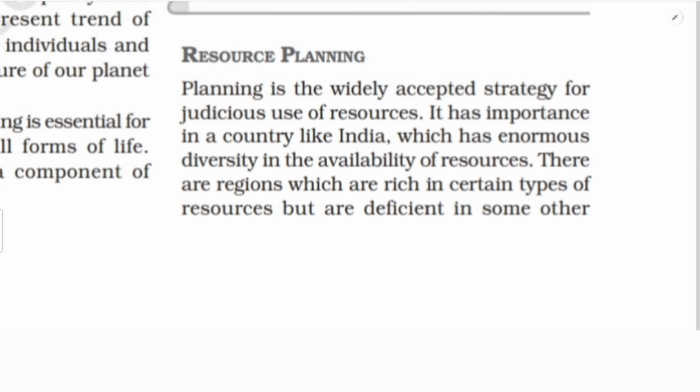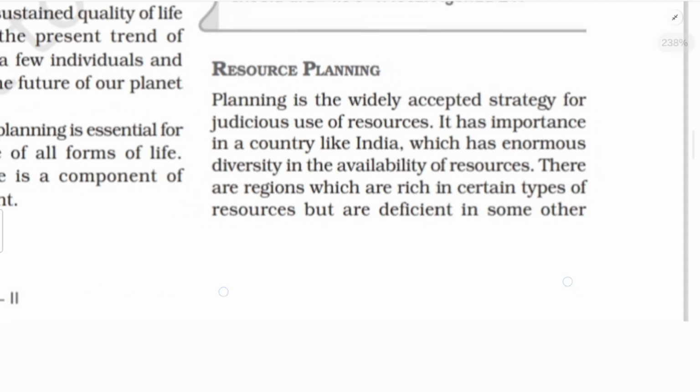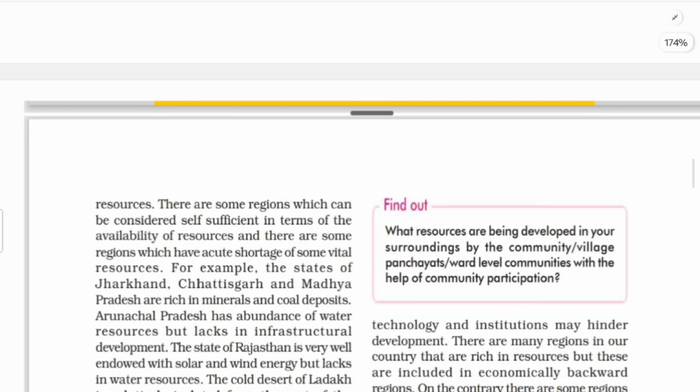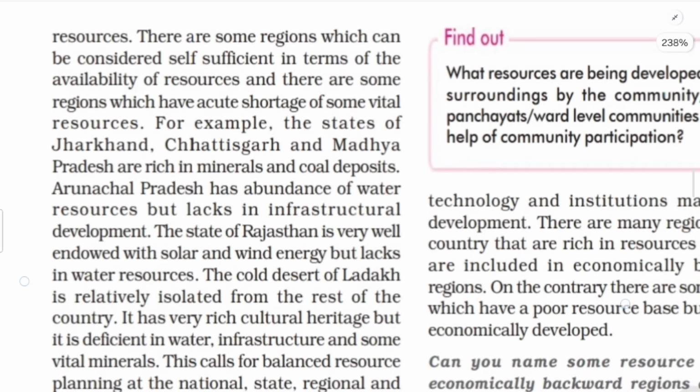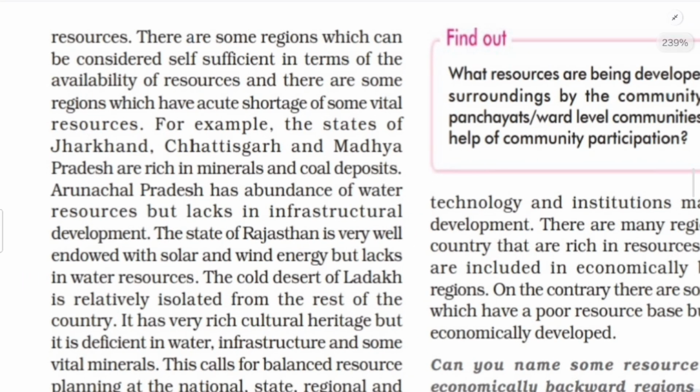There are regions which are rich in certain types of resources but deficient in some others. Got it? Some regions can be considered self-sufficient in terms of availability of resources, and some regions have acute shortage of some vital resources.